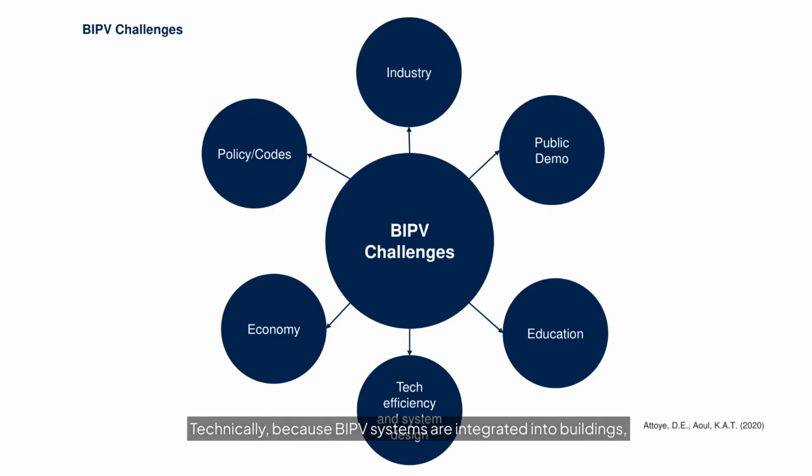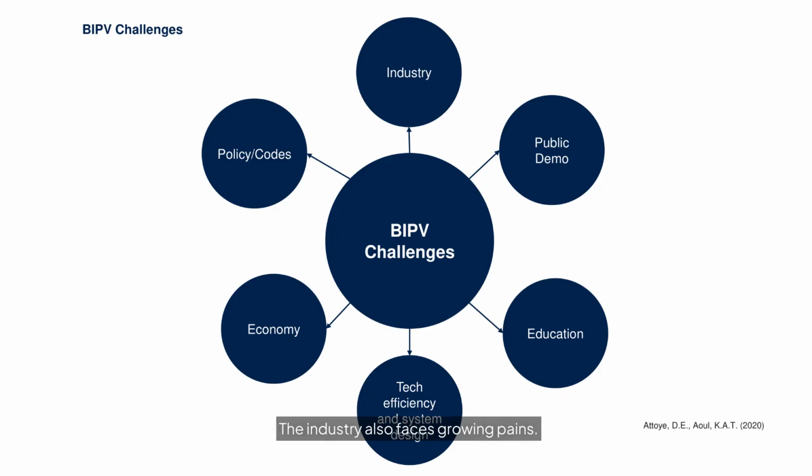Technically, because BIPV systems are integrated into buildings, they experience lower efficiency compared to optimal standalone solar farms. In addition, they can have design conflicts when blending solar performance with architectural requirements. In terms of policy and codes, regulations have not kept pace with innovation. In other words, there are often no clear standards specifically for BIPV applications.